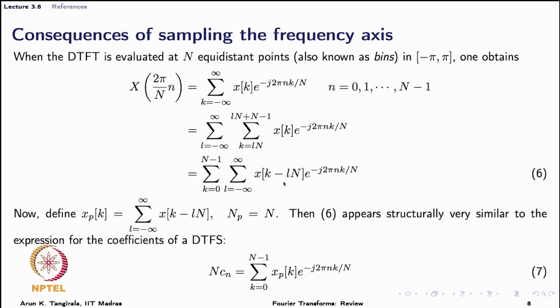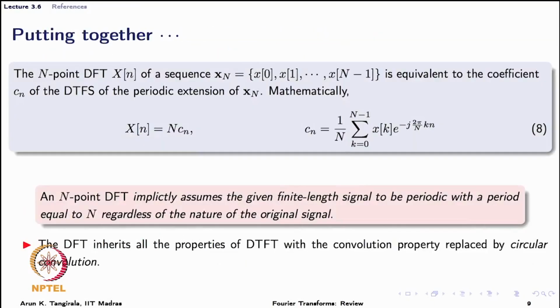Then you will see that DFT has very strong similarity with discrete time Fourier series. The only difference is I am computing n Cn instead of C subscript n. In other words, the discrete Fourier transform coefficient is nothing but n Cn itself. So, that is the point, right. It is X of n is n Cn.